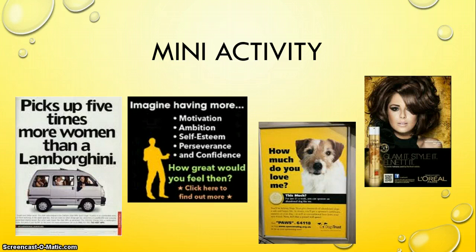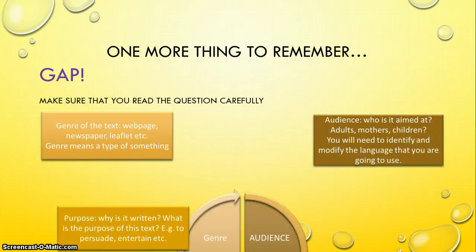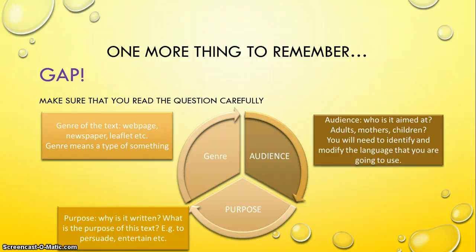So let's move on. The last thing that I would want you to remember when you're revising for your exam is GAP. If you've watched the previous screencast, you know what it's all about. If you haven't, I'm just going to quickly look at it together. In your exam, the first thing you should do is make sure that you read the question carefully. Once you read the question carefully, you will understand what the question is asking you to do.